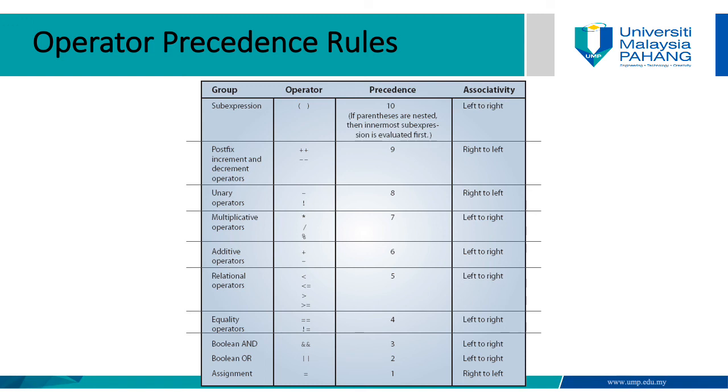So for example, the group here, let's see here, is the equality operators. The equality operators are the double equal sign or the exclamation mark and equal sign.